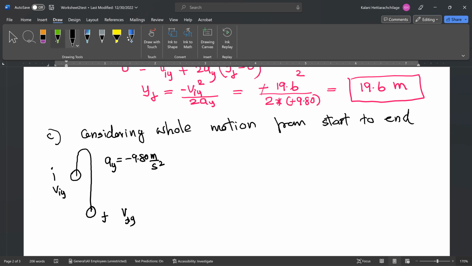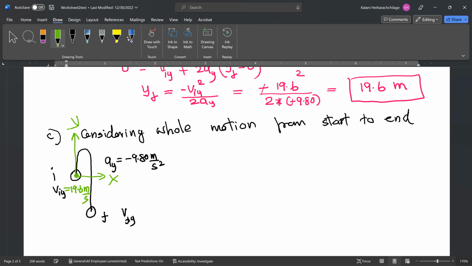So now I'm just redrawing the same diagram that we had there. I'm going to choose this as my origin again, with x and y directions, right? Now we know this information according to the given information. This number we found, 19.6 meters per second.